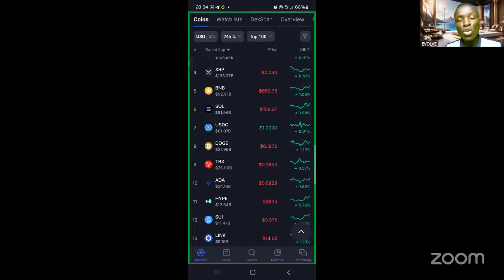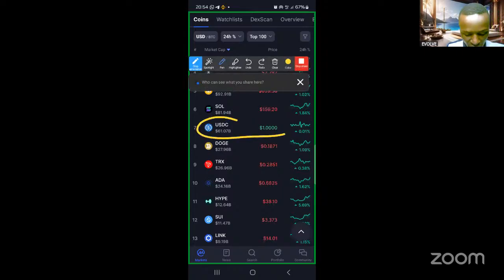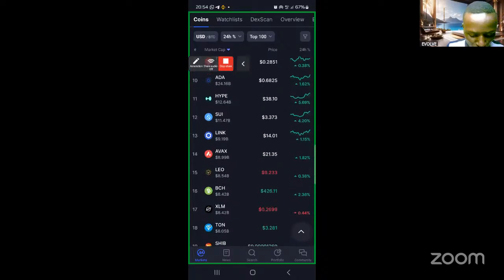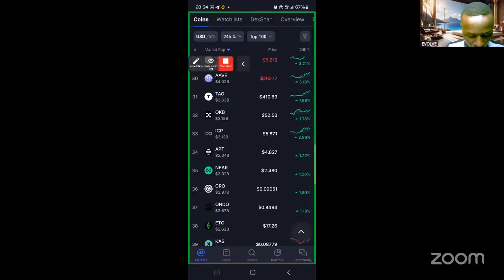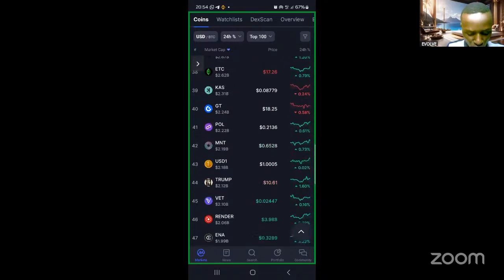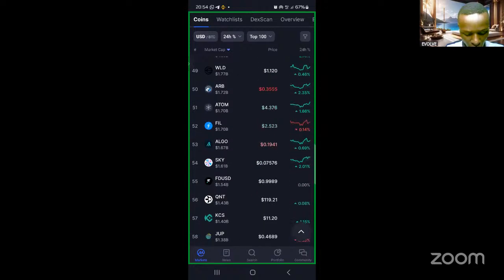For example, USDT is a stable coin pegged to the US dollar. 1 USDT is equivalent to $1. Same applies to a coin like USDC. Same applies to a coin like USDE. So these coins, you don't trade them. Are you with me now?